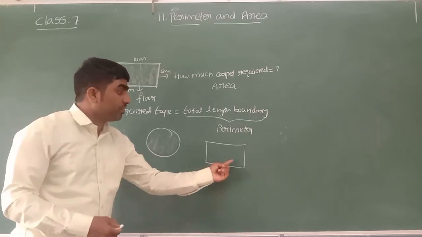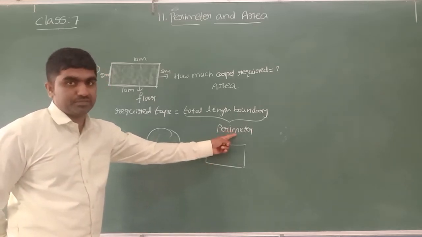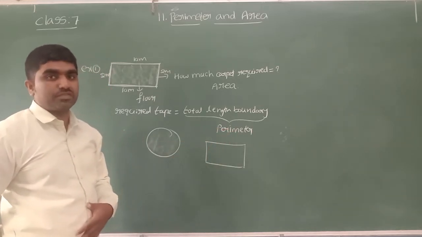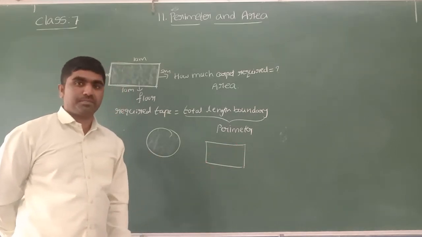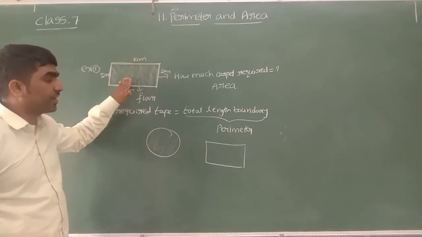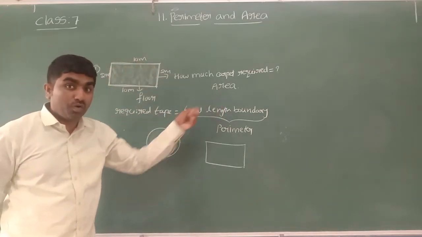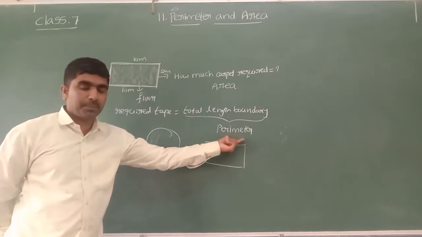So to know the length of the wire for fencing, it's enough to find the perimeter. Then we get the total length of wire required to fence this rectangular plot. So when you want to know the inside place of a closed figure, find the area. When you want to find the total length of the boundary, find the perimeter.